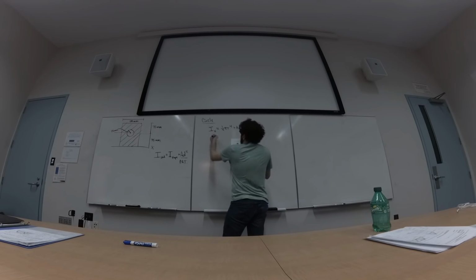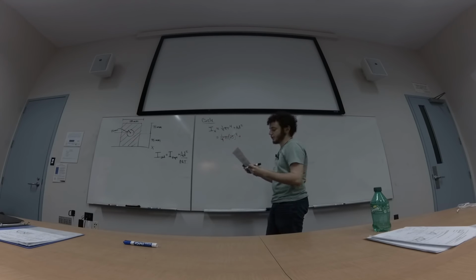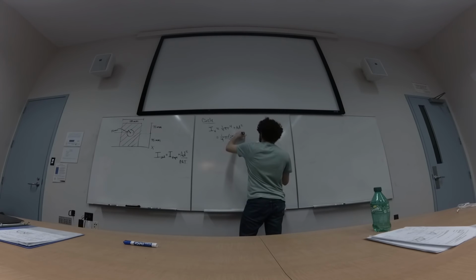So in this case that's 1/4 pi times, we've got a radius of 25 millimeters, 25 to the 4th, plus the area of the circle, which is pi r squared, so pi times 25 squared.